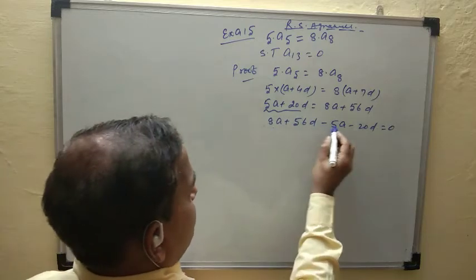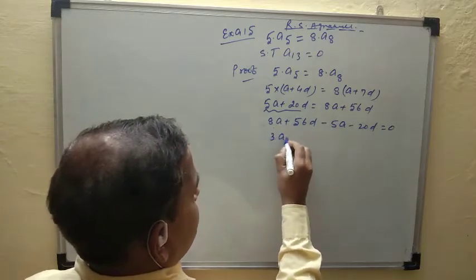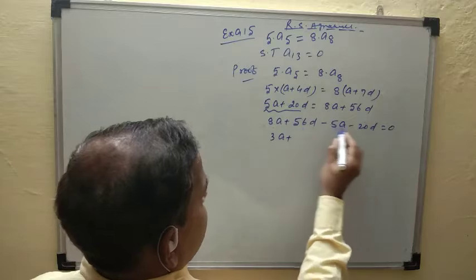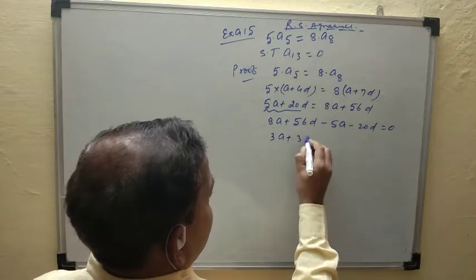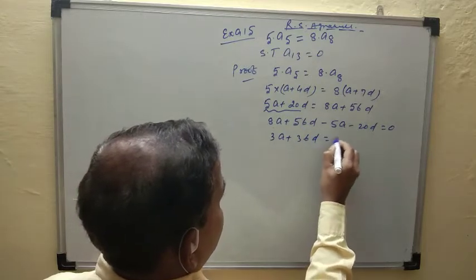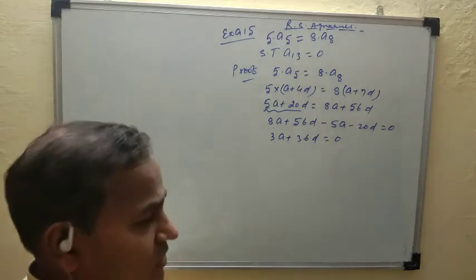So 8A minus 5A, that is 3A, and 56 minus 20, that is 36D, is equal to 0.